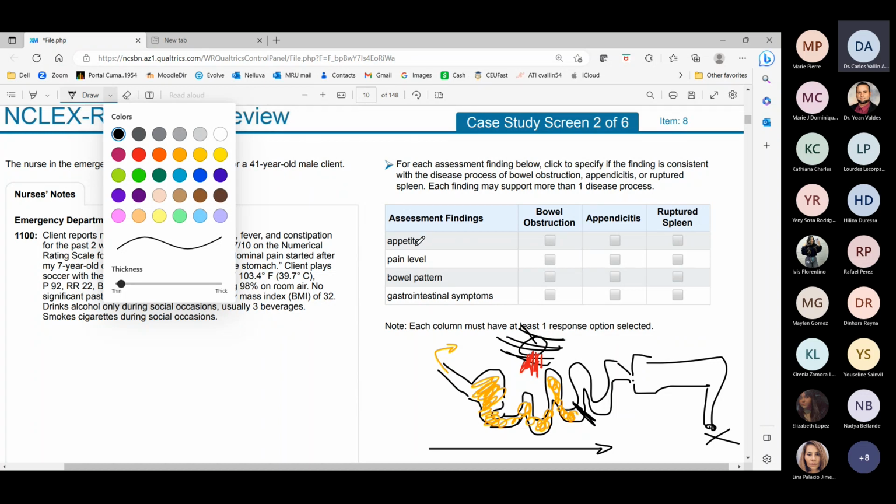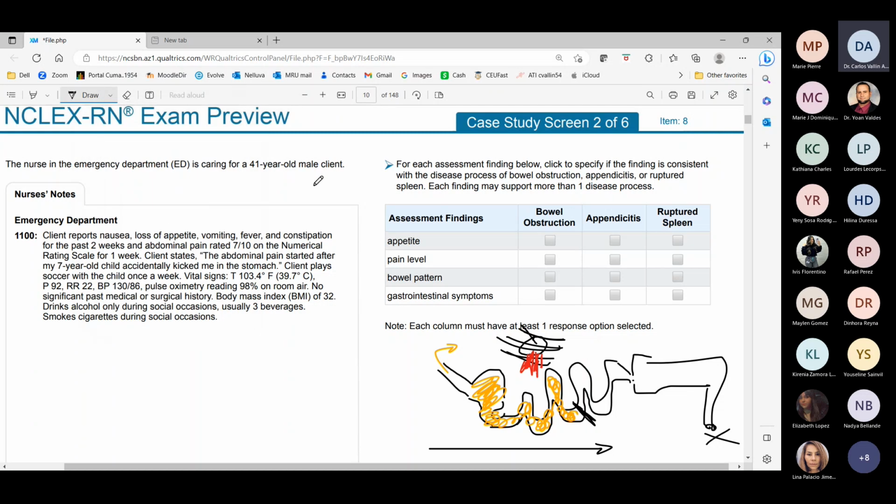Loss of appetite: do you expect, of those symptoms, that the patient has loss of appetite in bowel obstruction? Yes, with bowel obstruction, having all this intestinal content that is even vomited, produces loss of appetite. Also in appendicitis, we studied that we have loss of appetite.